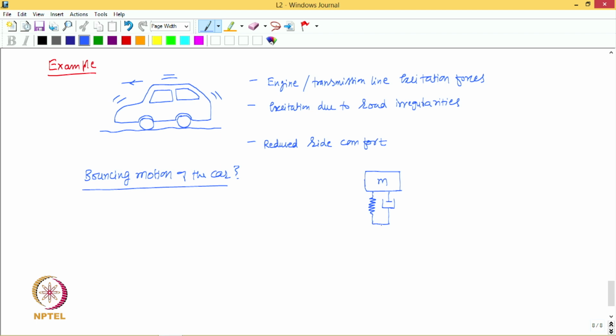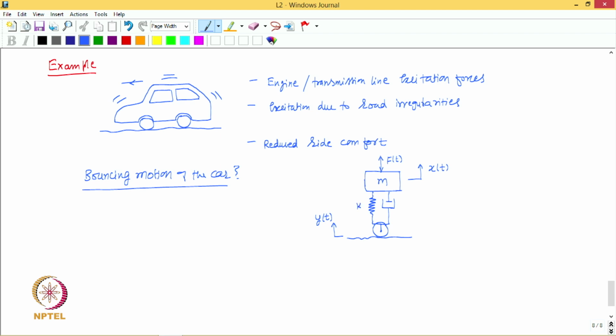And then this moves on a road like this. Here we have the excitation, or the vertical displacement, because of the road irregularities, represented by y(t). That causes the displacement x(t), and in addition we also have the forces due to the engine and transmission line, represented by f(t), correct.